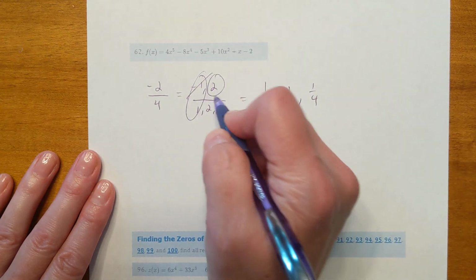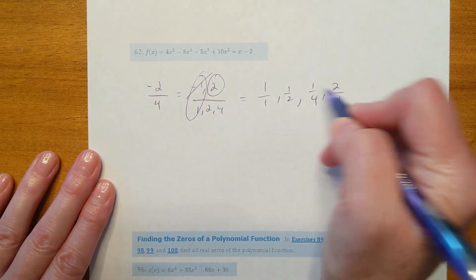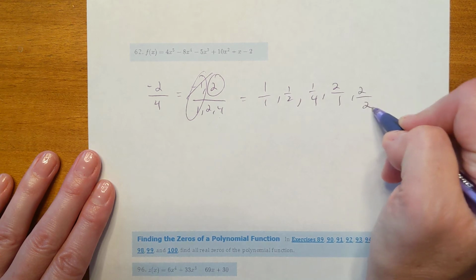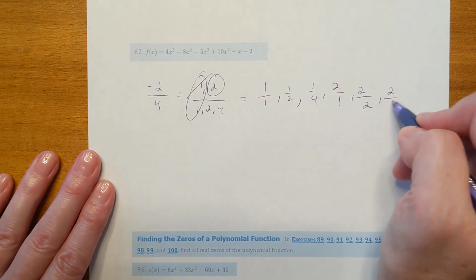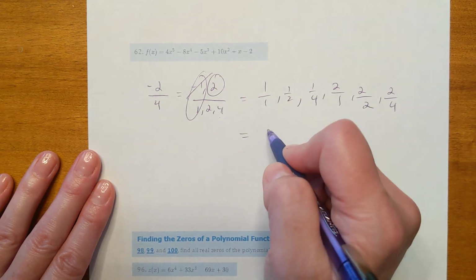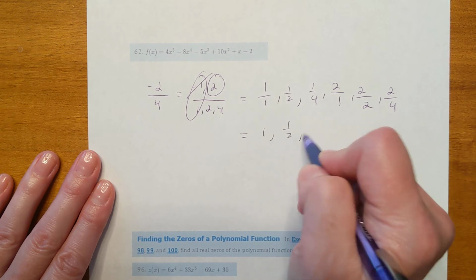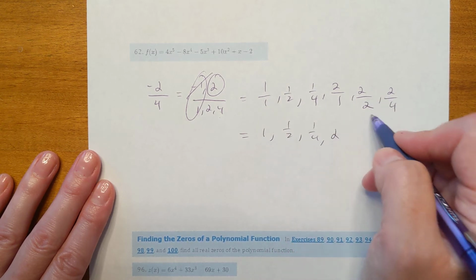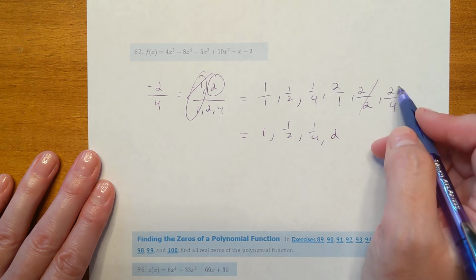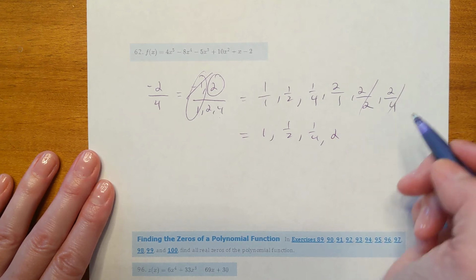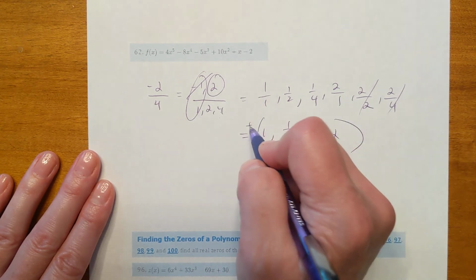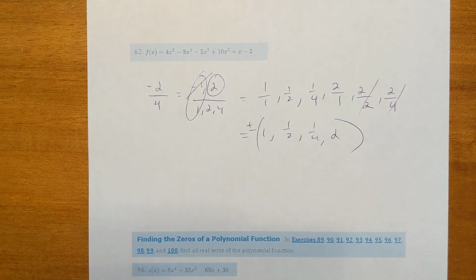And then using the 2, we got 2 over 1, 2 over 2, and 2 over 4. So that gives us possible zeros 1, 1/2, 1/4, 2, and then 2 over 2 is 1. We have that already. 2 divided by 4 is 1/2, and we have that. So there are 8 possible zeros of it.